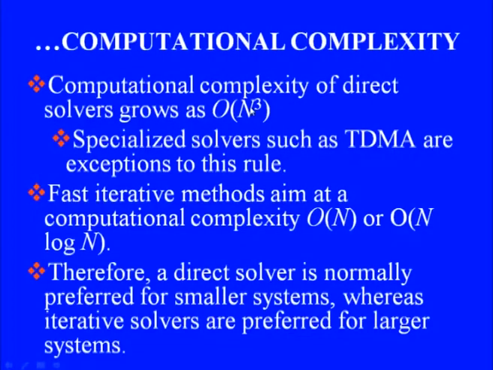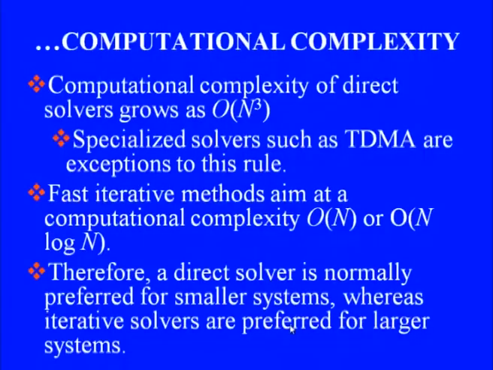Now, given the computational complexity of direct solvers being O(n cube), these are normally preferred for smaller systems, whereas for large systems, which we typically encounter in CFD analysis, they are not. Just remember, if you want a numerical simulation of a typical industrial flow problem, even with Reynolds-averaged Navier-Stokes simulation, the number of grid points would be many thousands, maybe close to 1,000,000.